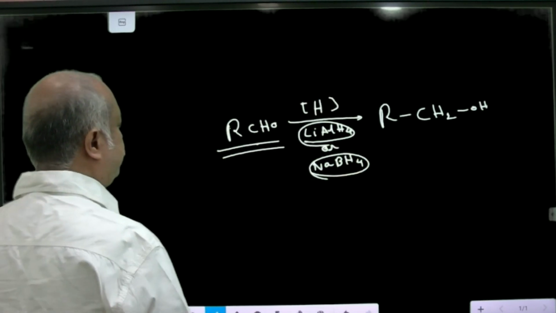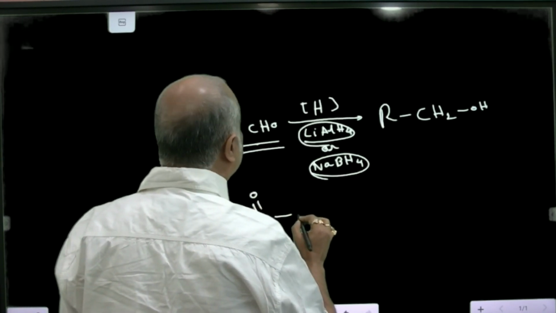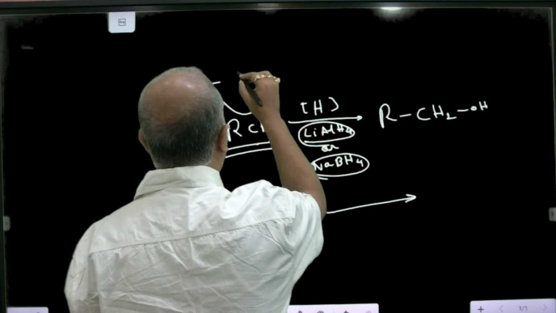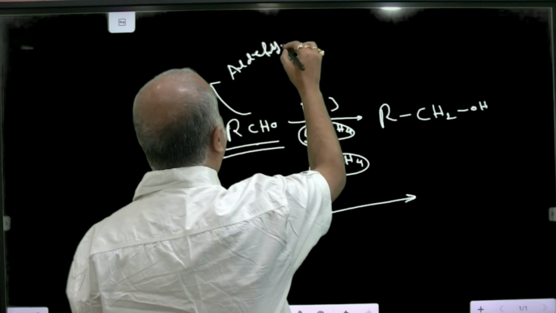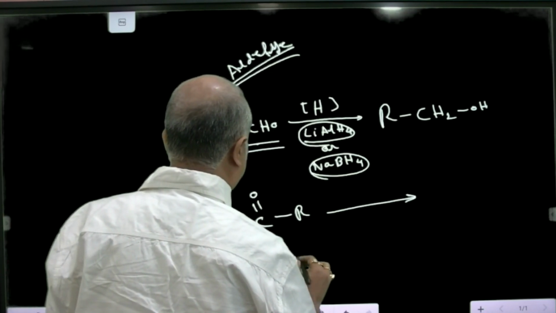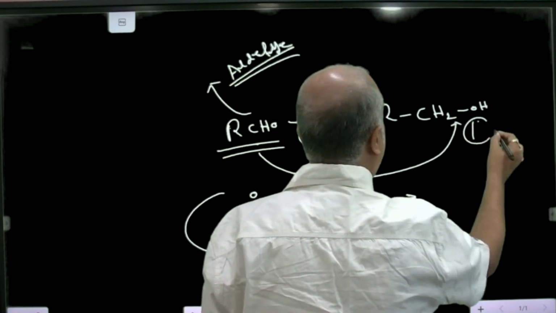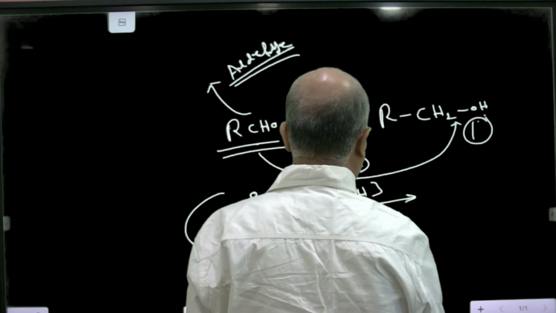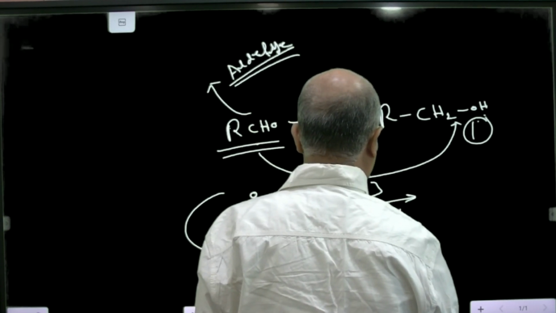And then ketone, that is the reduction. Aldehyde is reduced to primary alcohol, and it will take the same reagent, LiAlH4 or NaBH4.